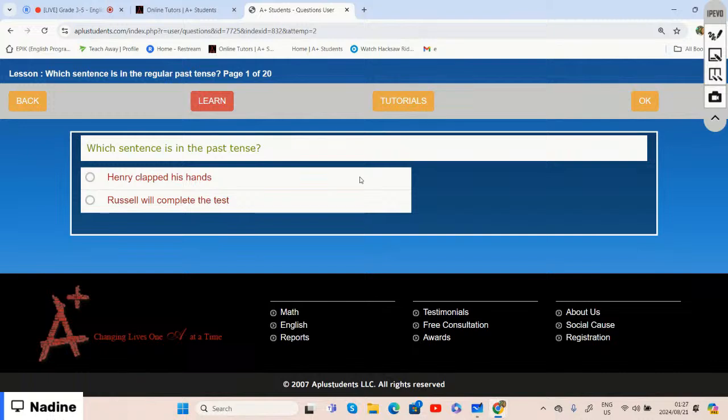And if we were to select the past tense, which sentence is in the past? Option 1 or option 2?